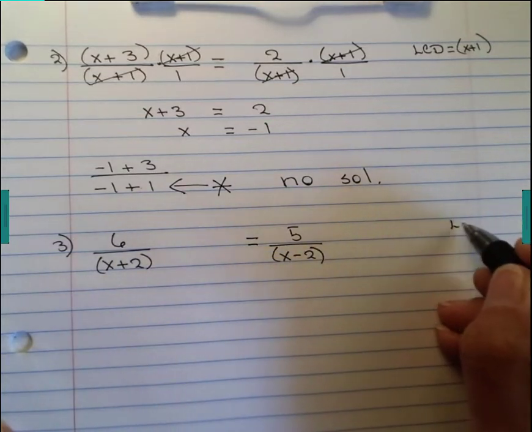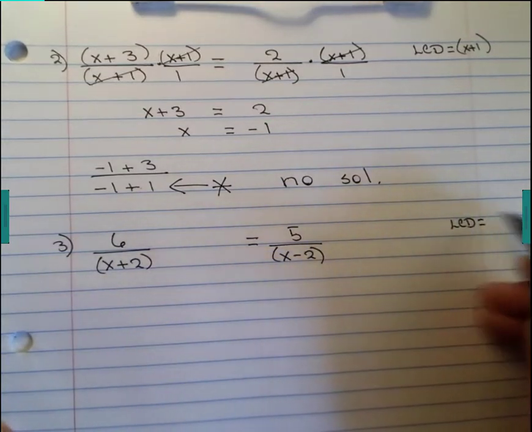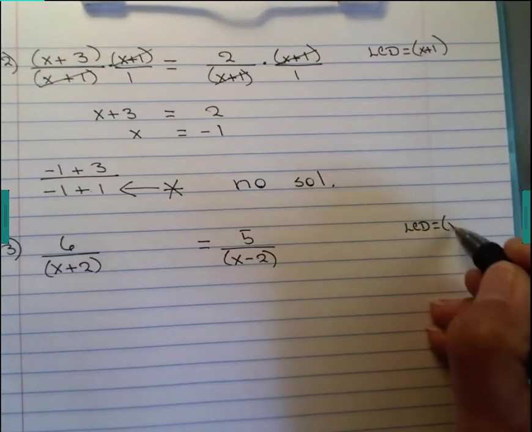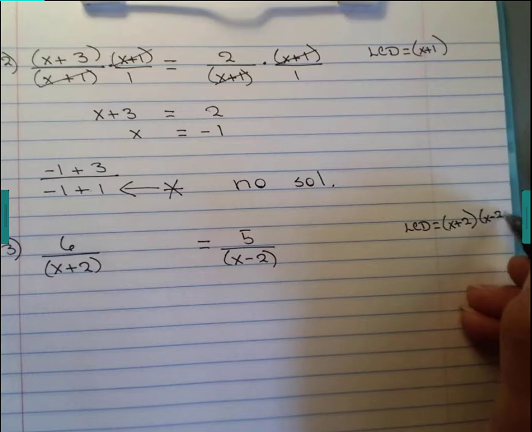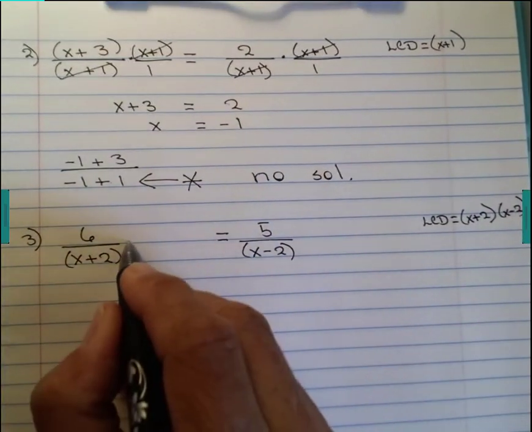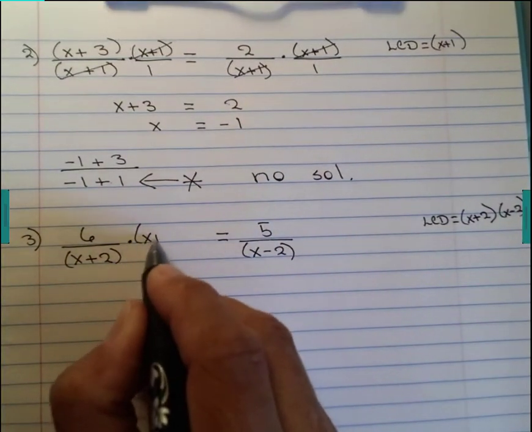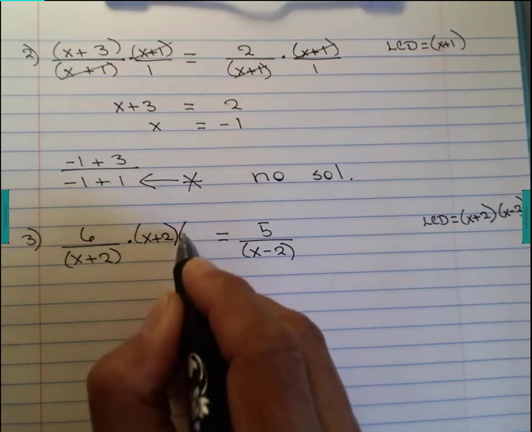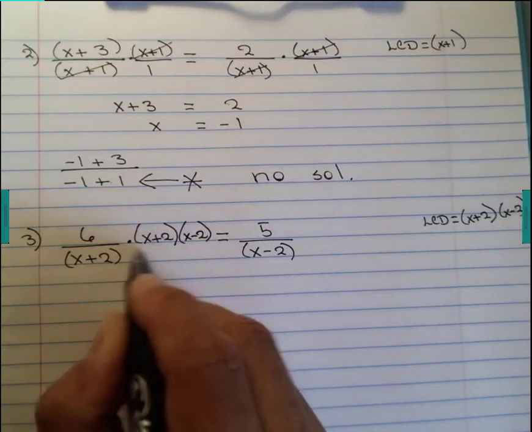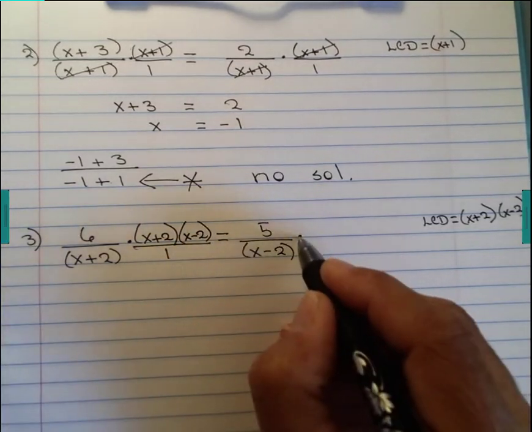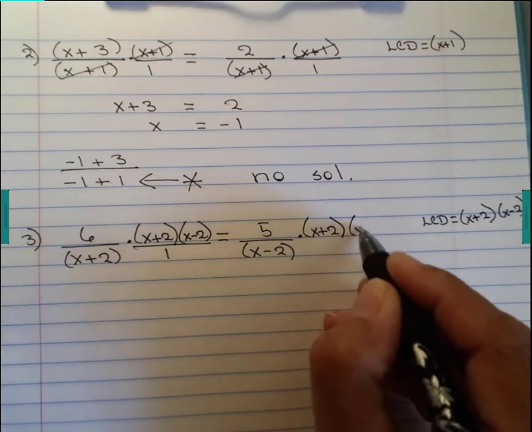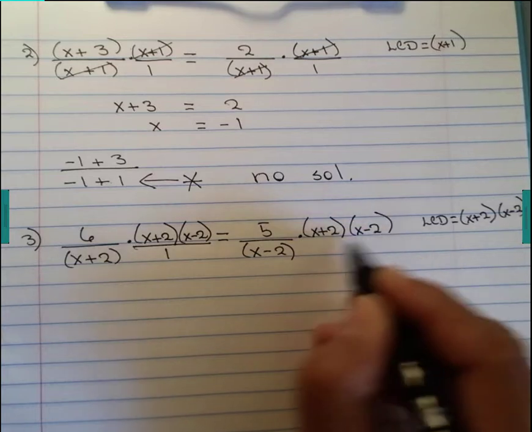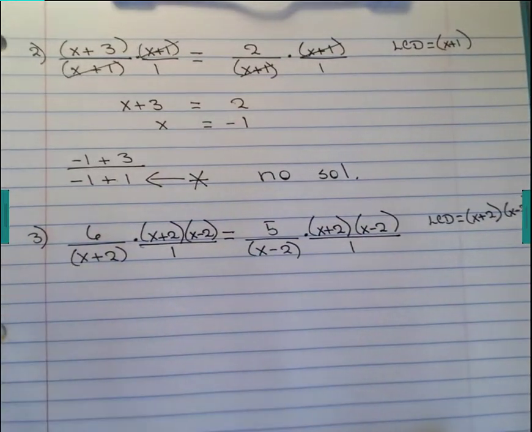I know my LCD here. It's equal to x plus 2 times x minus 2. So I'll multiply that times each of these. Make it a fraction. Put it over 1. Now, start reducing.